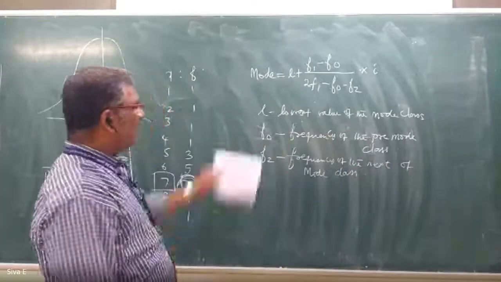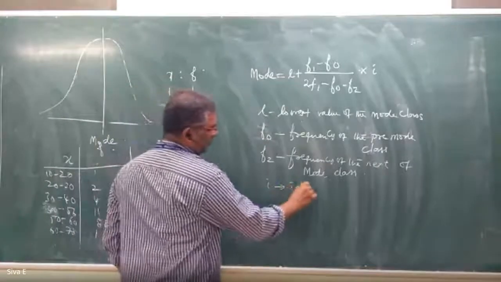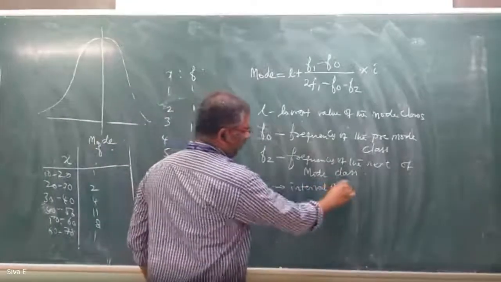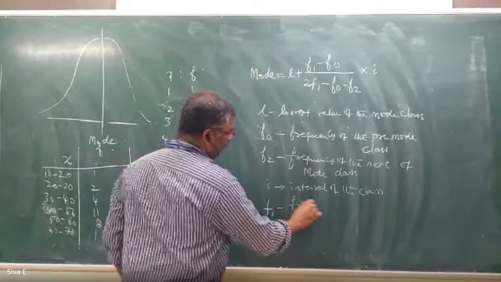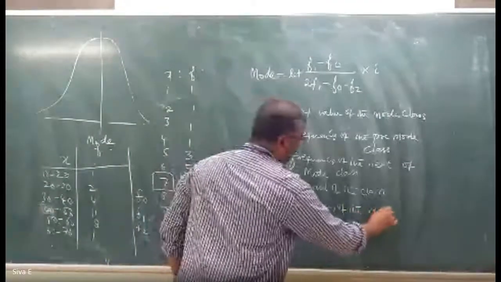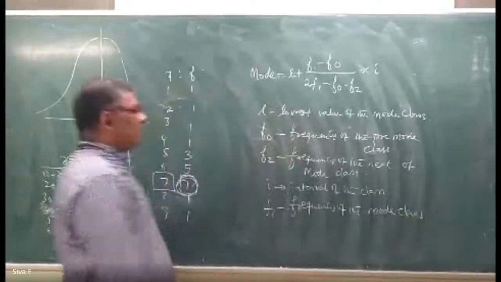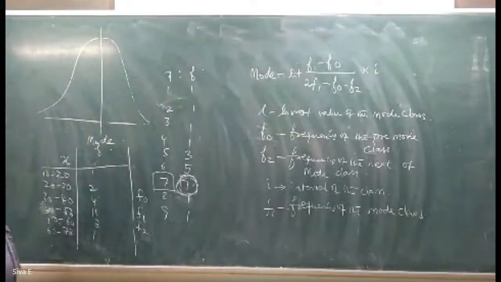I is the interval. F1 is the frequency of the current class, the frequency of the mode class. Okay, that is the formula.